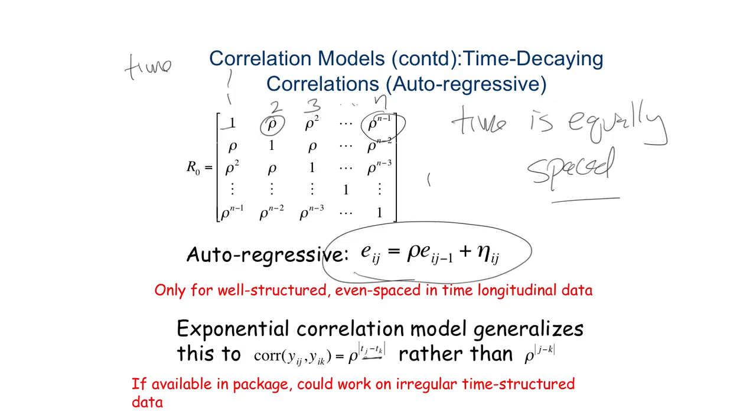So this one says the correlation is some function of the absolute value of the distance in time. So if I had time measurements at 10 minutes, an hour, 2 days, etc., it would assume the correlation is rho raised, probably with some constant here, I would guess. It could turn into a 2-parameter family, raised to some absolute difference in the time, which allows for unequal time.